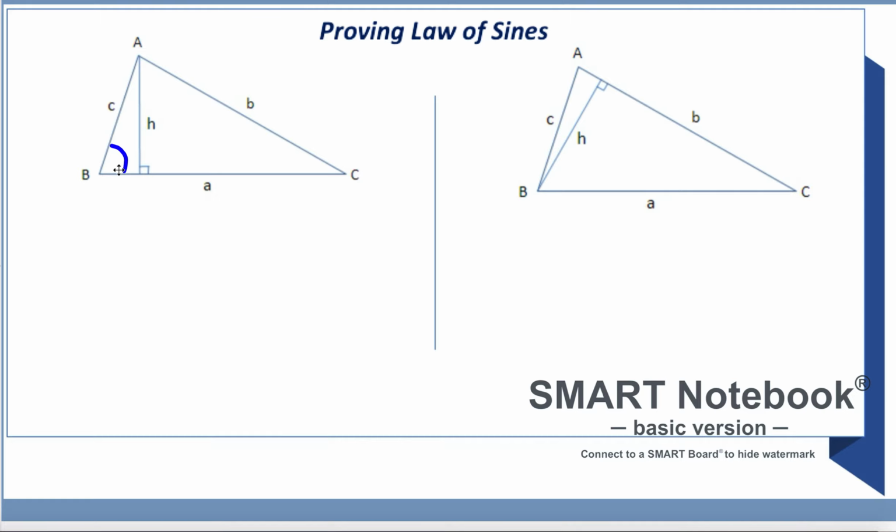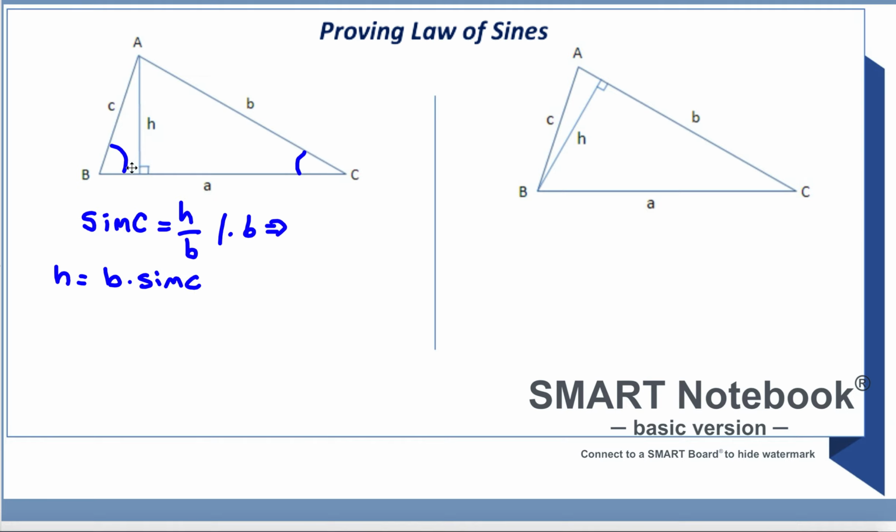Let's say this is angle B and angle C. Looking at angle C, the opposite side is H, and applying the trigonometric function sine, sine C is equal to H divided by the hypotenuse B. But if we multiply everything by B, it implies H is equal to B times sine C.